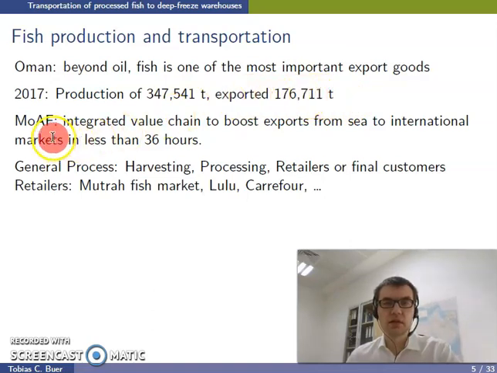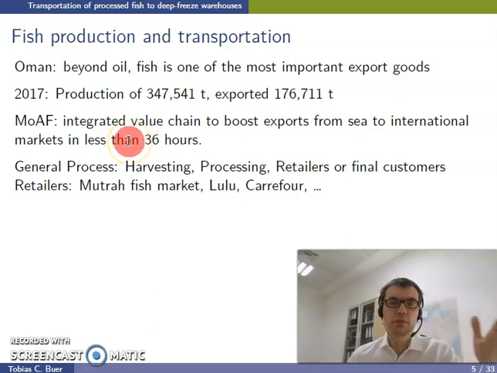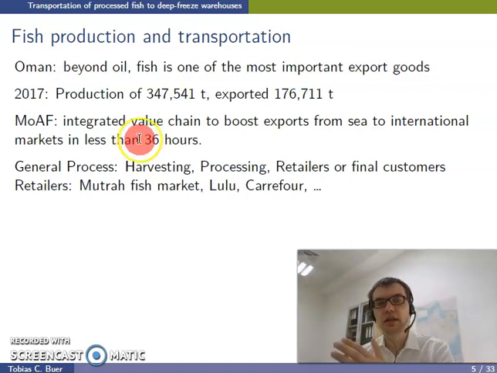Our ministry tries to build an integrated value chain to boost the exports of our sea products to international markets, so that we are able to provide our fish to international customers like Korea or Japan, from the point of getting them out of the sea to delivery in less than 36 hours.